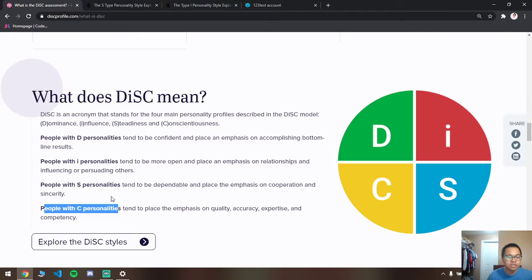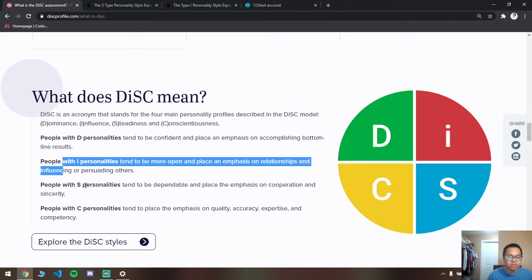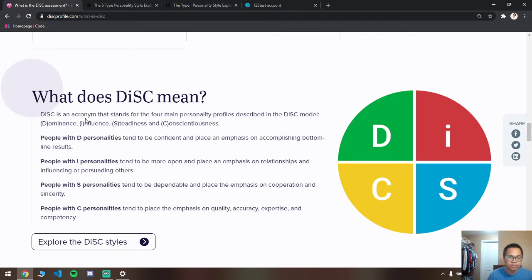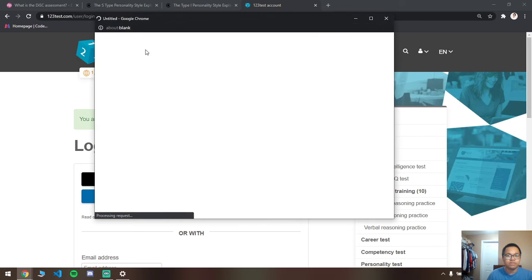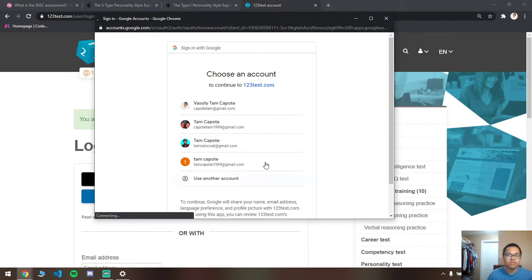Was it steadiness? Yeah, so S as in steadiness, and my second dominant trait is I, which is influence.